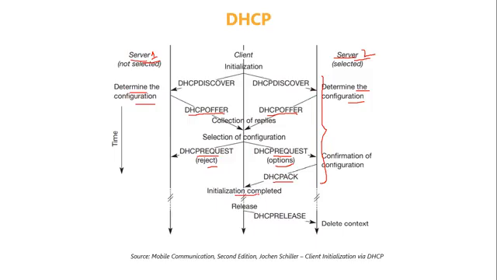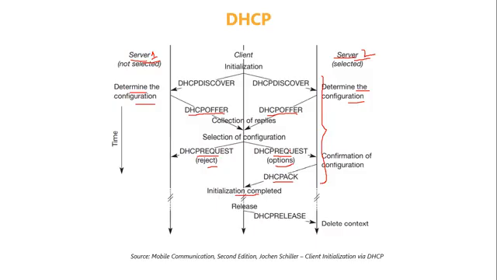It means the configuration parameters will become invalid after a certain amount of time. So if the client still needs those configurations, once again it should place a DHCP request to the server, and ensure that the configuration parameters are retained.